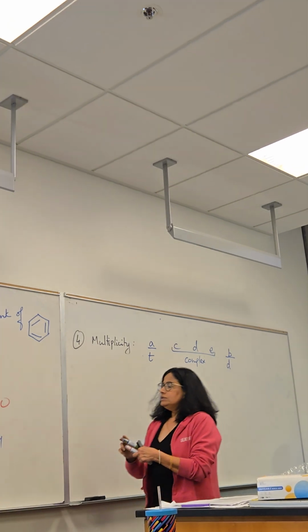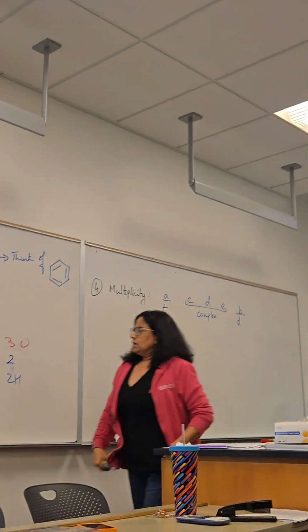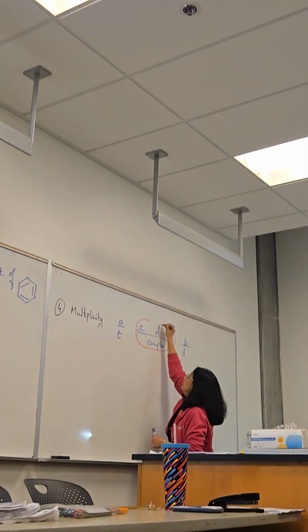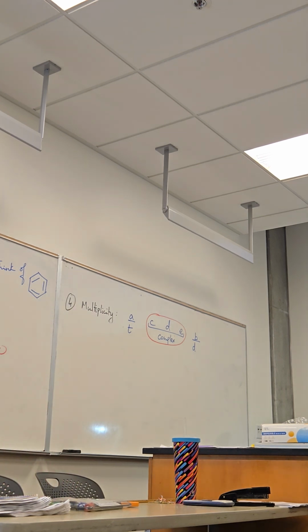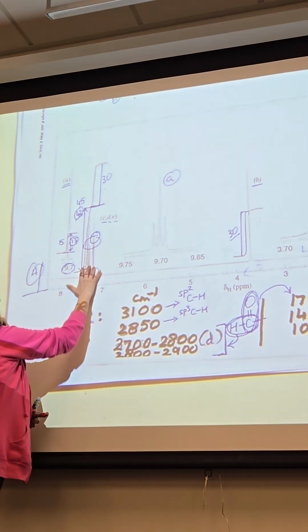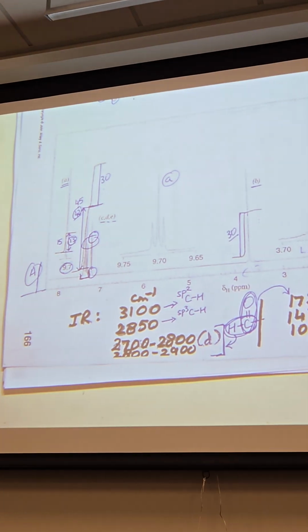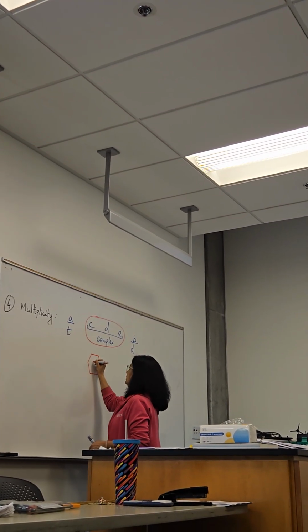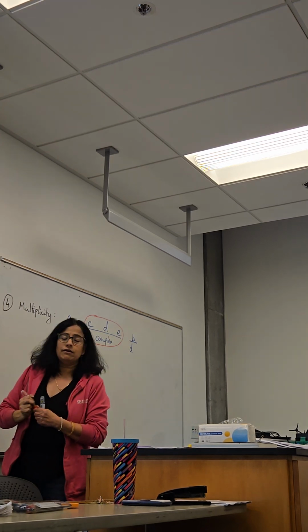Okay. Now taking these into account, before I go any further, can you focus on signals C, D, and E? These signals right here. What kind of hydrogens show up right there? Benzene hydrogens, isn't that right? Yeah. Benzene hydrogens, and we expect a benzene. So these belong to benzene. But how many total hydrogens are these three signals accounting for?